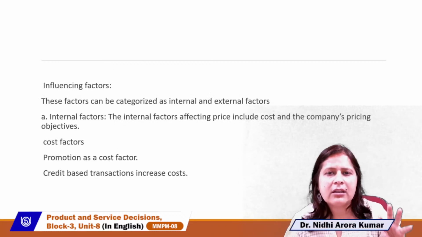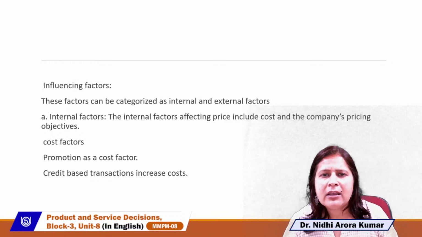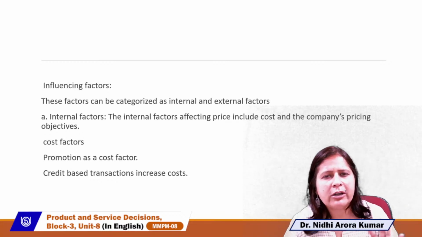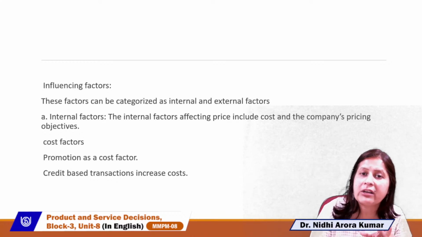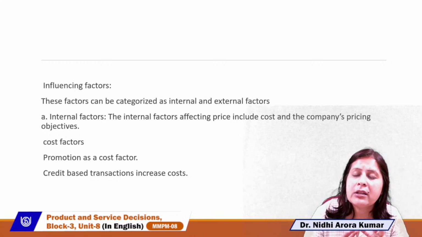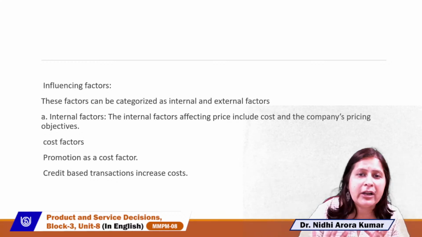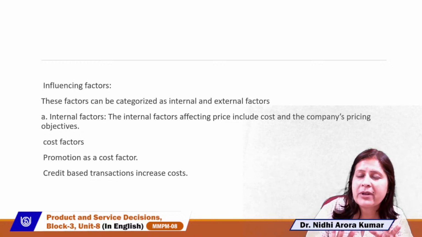Like the basic cost, which includes the raw material and other variable material, as well as the fixed cost, which could be included in the cost factor. Then the promotion cost, the cost incurred in promoting the product, should be considered while deciding about the price of the product.